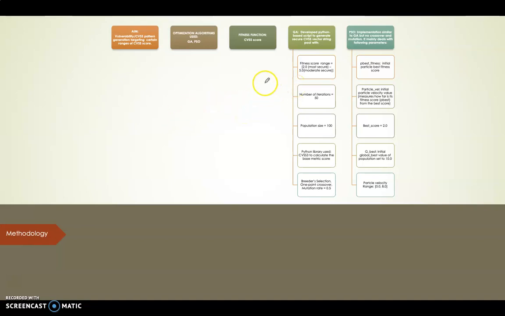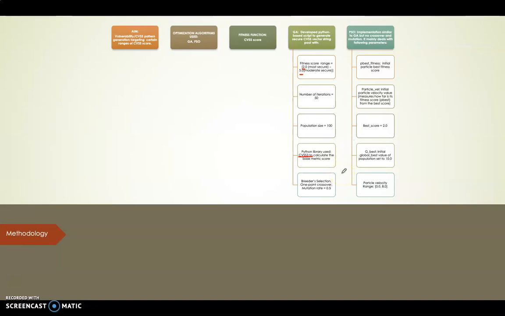We kept the fitness score range between 2 to 5, kept the iterations to be 50, population size 100, and we utilized a package in Python called CVSS3, which calculates the base metric score of a CVSS pattern.